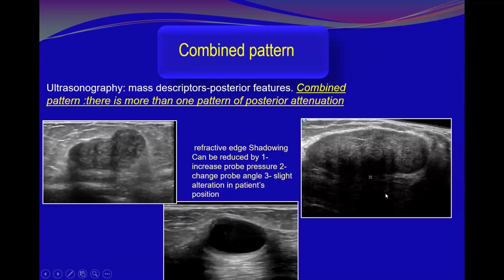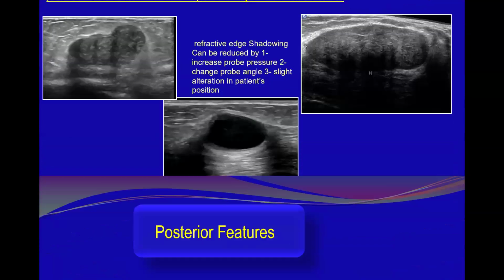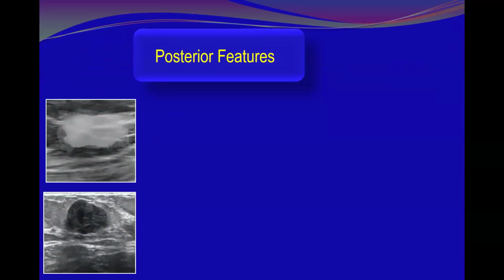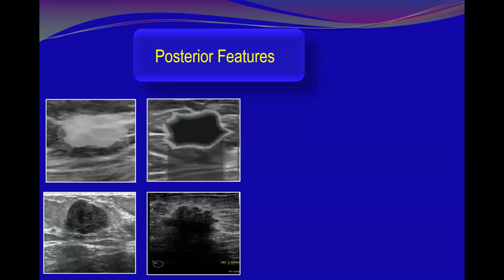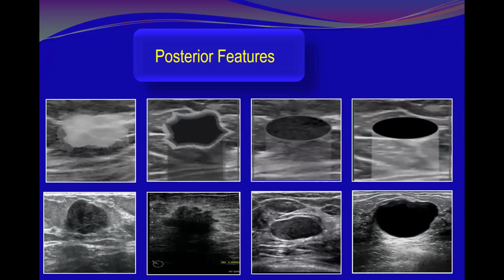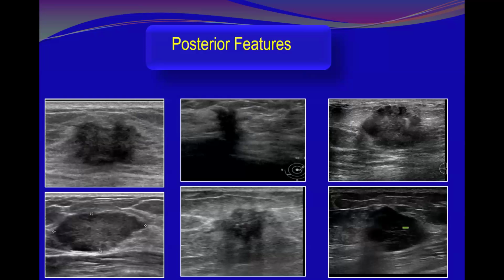And here, look at this, giving some shadowing, and at this portion giving some enhancement in this circumscribed oval mass. I think it was a fibroadenoma. So regarding the posterior features, either not affected, no posterior features, or posterior shadowing, posterior enhancement, and the posterior enhancement can be faint or intense, as we mentioned.